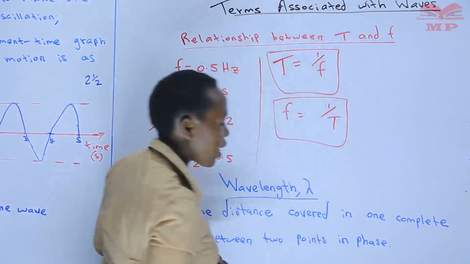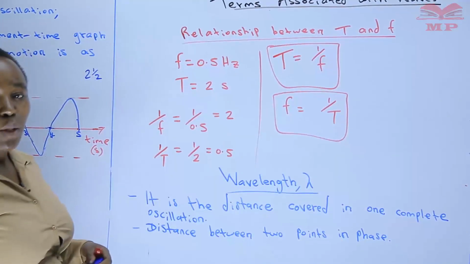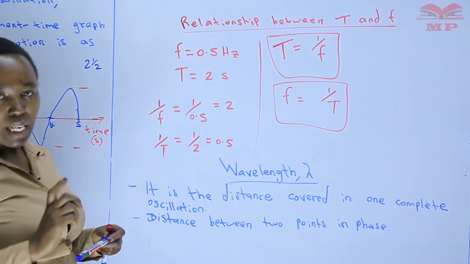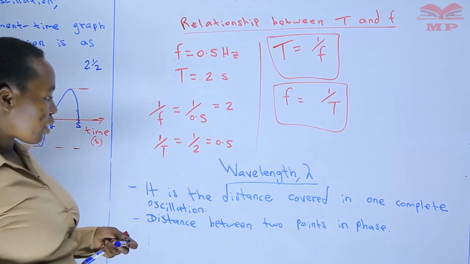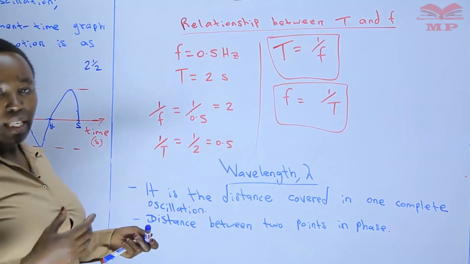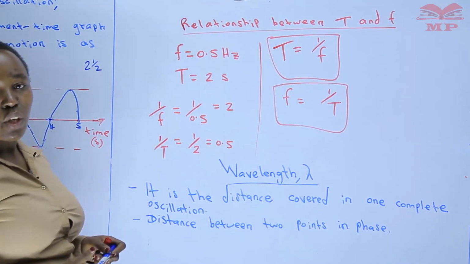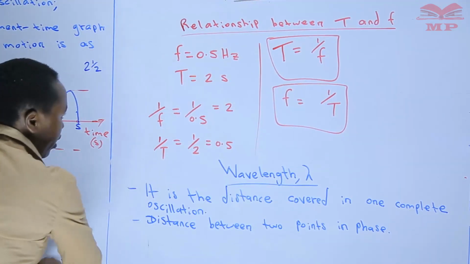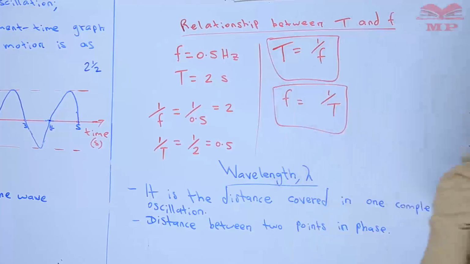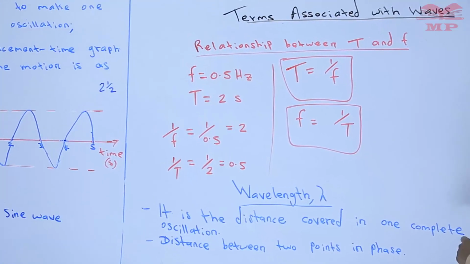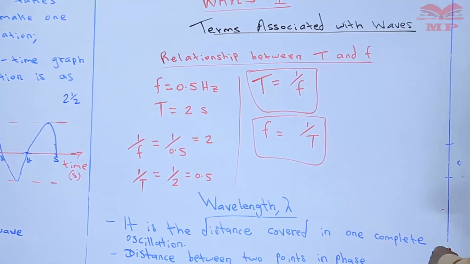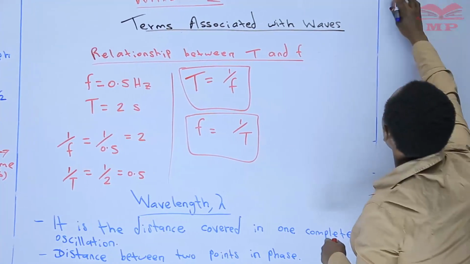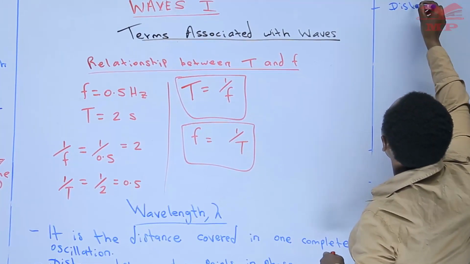We can also say that it is the distance between 2 successive crests, or 2 successive troughs, or even 2 successive rarefactions, or 2 successive compressions. So we can define it further. All those are definitions for wavelength. You can give any of them.